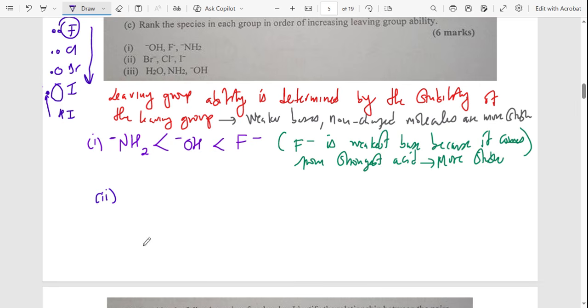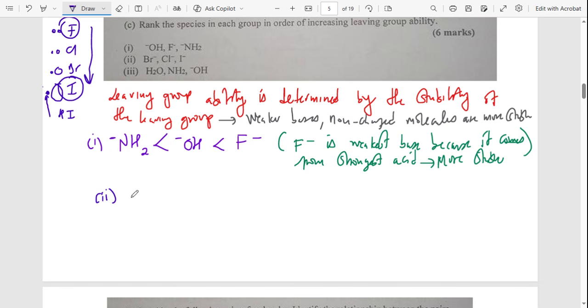So which one is going to be the strongest base? So the strength of bases is going to also be as you go up. Okay, very important. So HI is the strongest acid. Oh, by the way, this is the strongest acid, so it forms the weakest base.